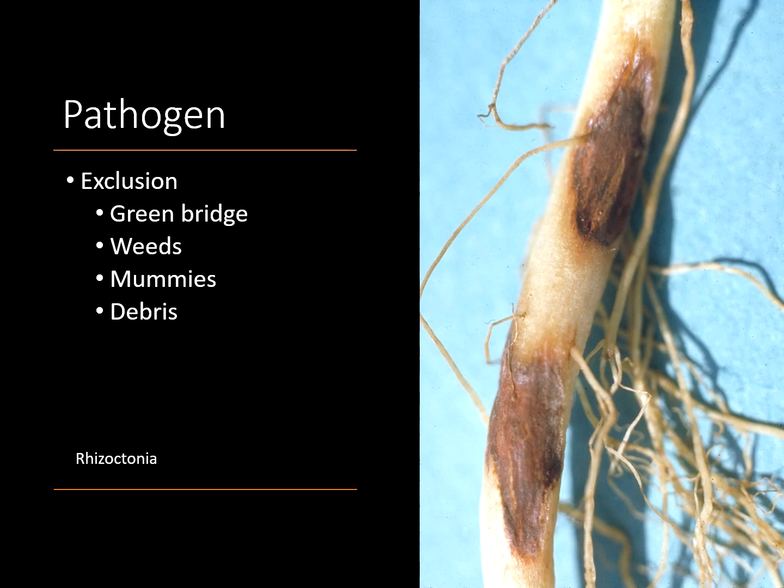For fruit growers, we also talk about the word mummies. Mummies are small dried fruit that hang on the trees or shrubs, for example, and they will be a source of inoculum for the next year when, for example, that peach leaves back out or those blueberries leaf back out. And then finally, debris.